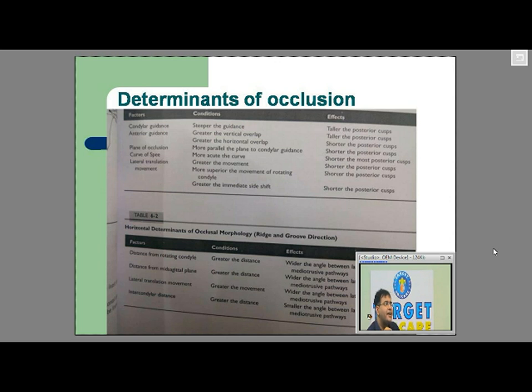Even though the anterior guidance being 0, still posterior disocclusion can be explained by all of the following except. So the answer over there would be intercondylar distance, since that is a horizontal determinant of occlusion and not a vertical determinant of occlusion.